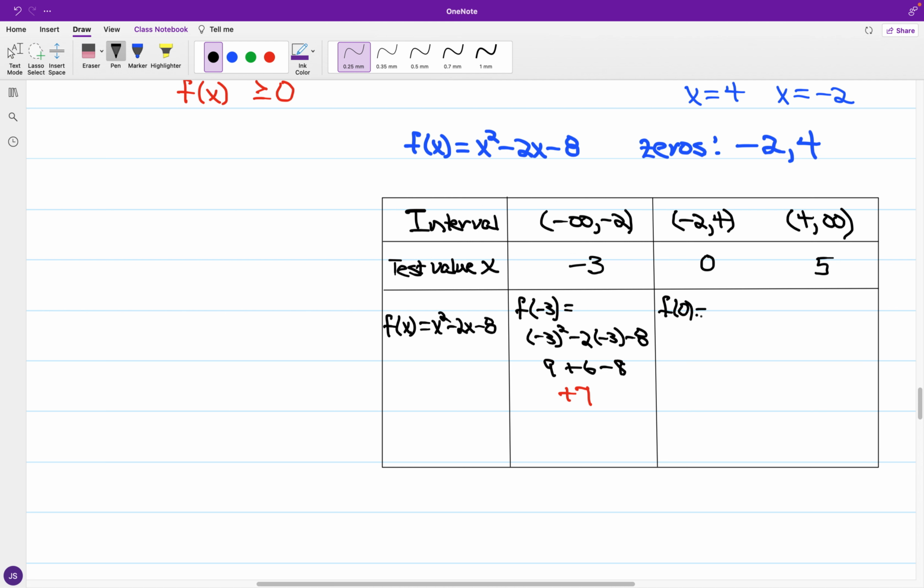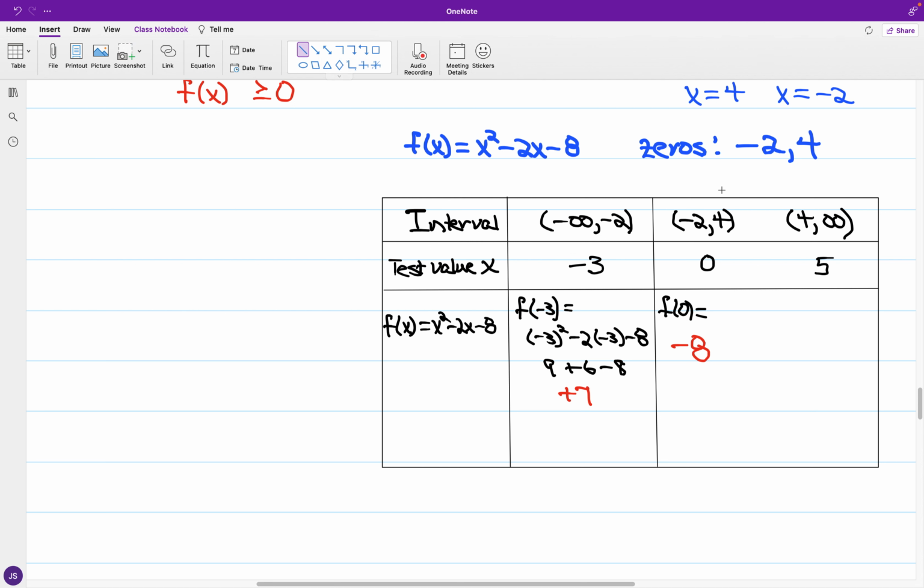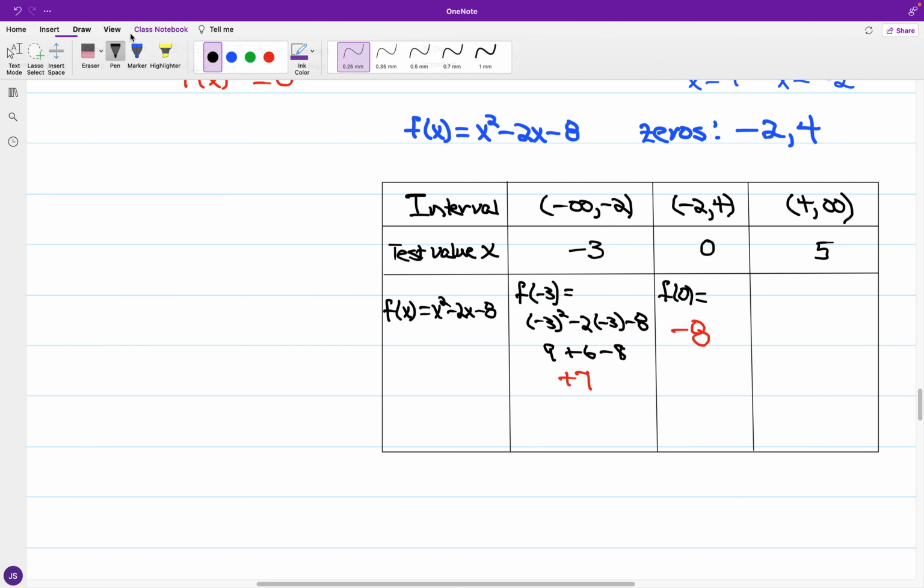And in the case of f of 0, 0 squared is 0, negative 2 times 0 is 0. So the only non-negligible constant we have is minus 8. So we have f of 0 equal to minus 8. And we have finally f of 5.